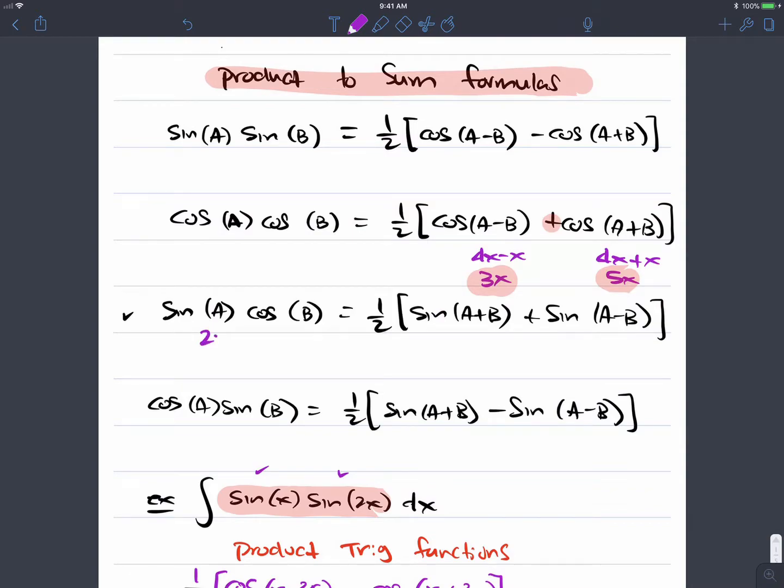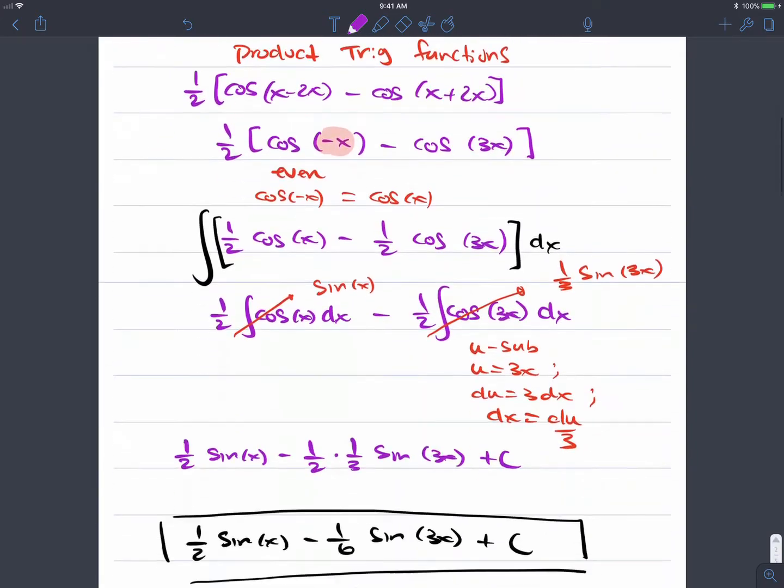So 2x, x, this gives us 2x plus x. Let's write it clearly. I get a nice 3x. 2x minus x, I get a nice x. So I get 1/2 sine 3x plus, and again, this one has plus here, plus sine x. Sine 3x plus sine x.